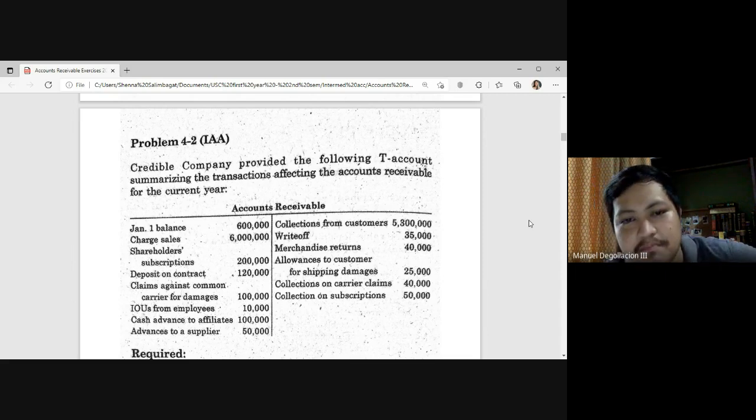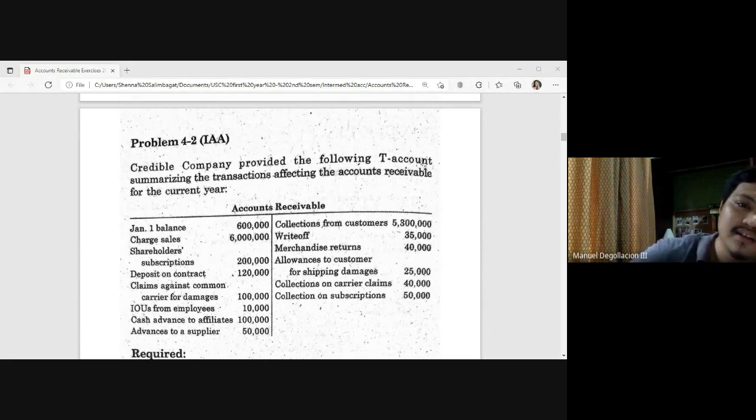And it's not as simple as getting the difference between the total debits and the total credits, class, because there are postings in our T account that are not supposed to be posted to the accounts receivable ledger. If you're looking for the ending balance, and you're already given the T account, supposedly all that we will have to do would be to get the total debits, get the total credits, and compare the two amounts.